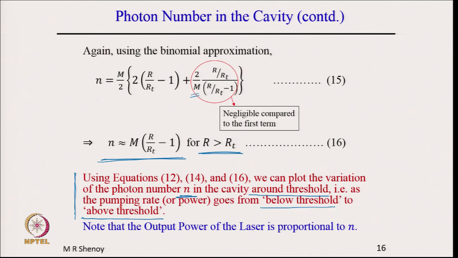And we have already discussed that the output power of the laser is proportional to n. That is why variation of n will also tell us variation of output power, because they are proportional.